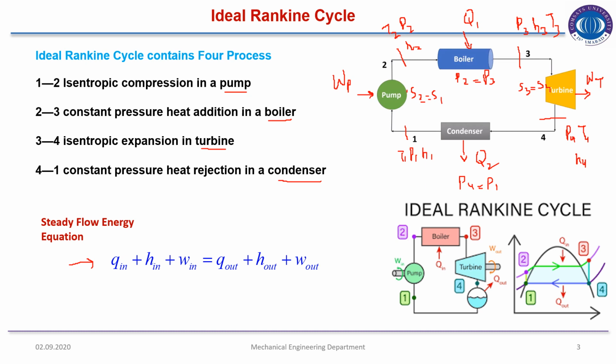At the bottom right are the schematic and TS diagram of ideal Rankine cycle. So this is T and this is S, the TS diagram.